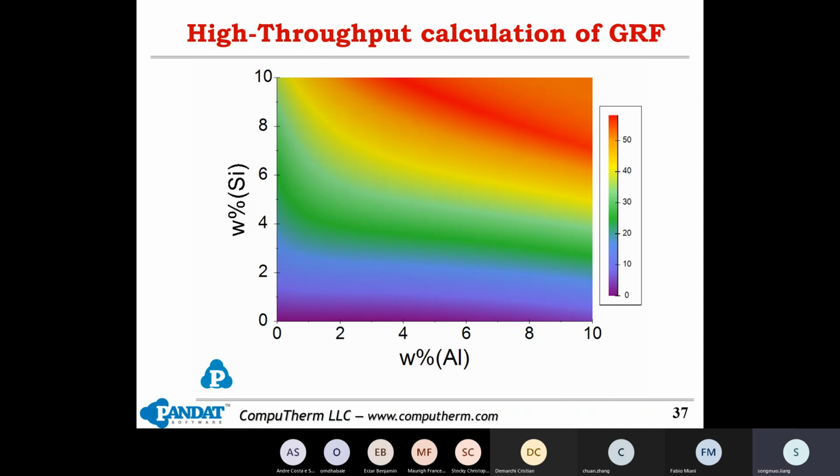In Pandat, that calculation takes about 40 minutes. So it is very fast and very effective. So this is the second example on how to use Pandat to do grain refinement of alloys.